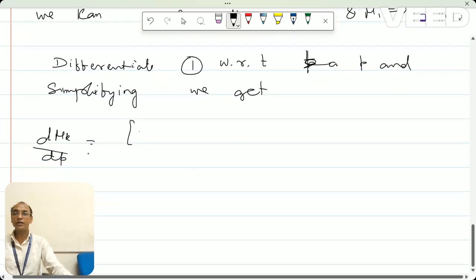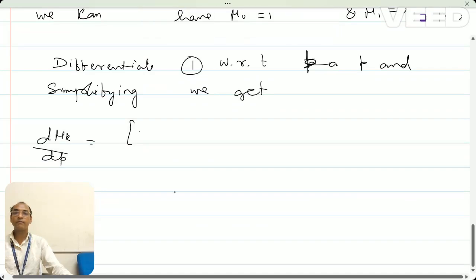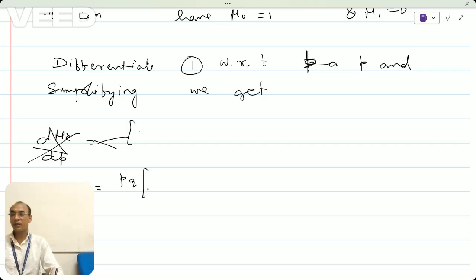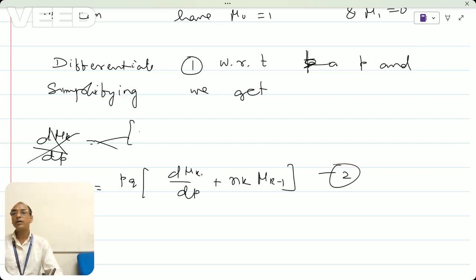And if we simplify, I will just give you the direct formula. If I differentiate and simplify, we will get mu k plus 1 is equal to pq into d mu k by dp plus nk mu k minus 1.